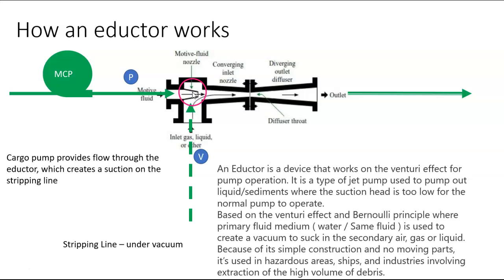You want to see what the pressure differential is going to be, because as this stuff starts to fill up, you're going to have a change in pressure, what's going in and what's coming out. That's a little more than we need to talk about right now. But just recognize in your drawing you should have a pressure gauge on this side of the eductor and a vacuum gauge on this side of the eductor.